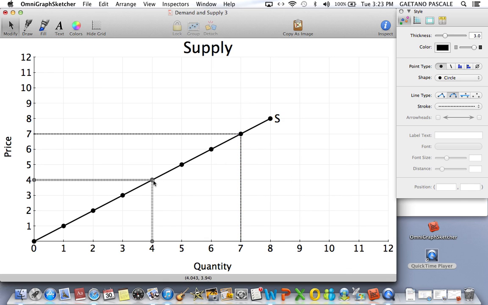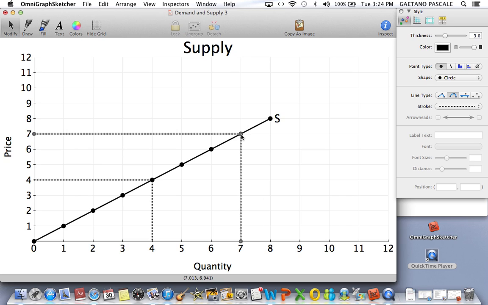So if I move from this point to this point, from a price of 4 with a quantity supplied of 4, to a price of 7, my quantity supplied is now equal to 7. All I've done is move from this point to that point.